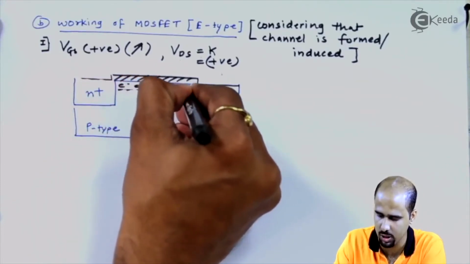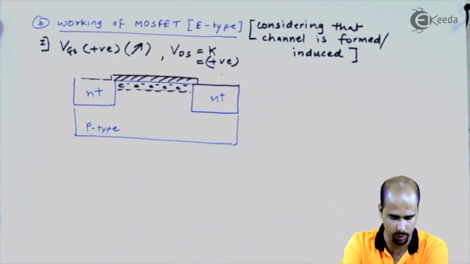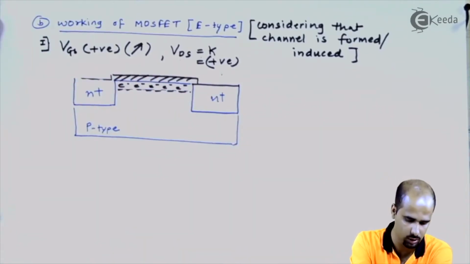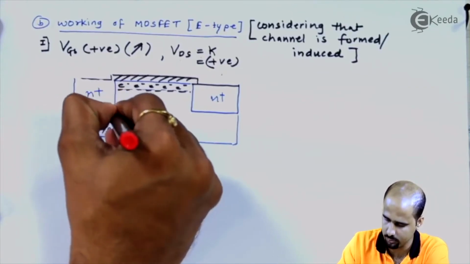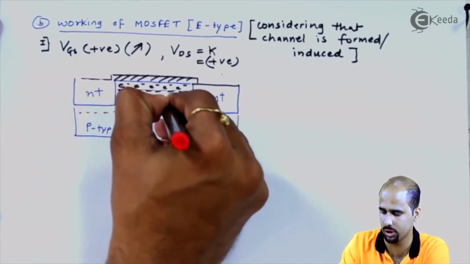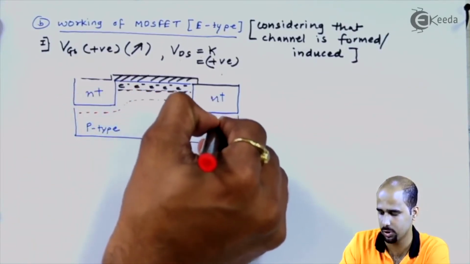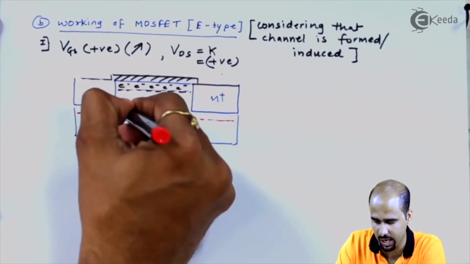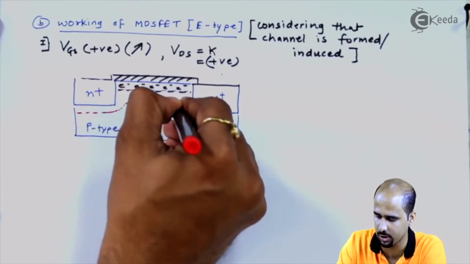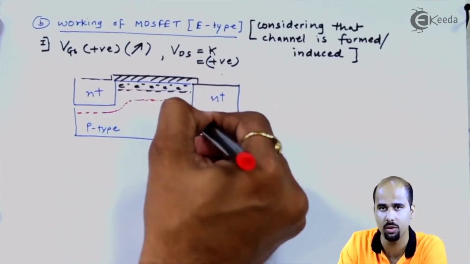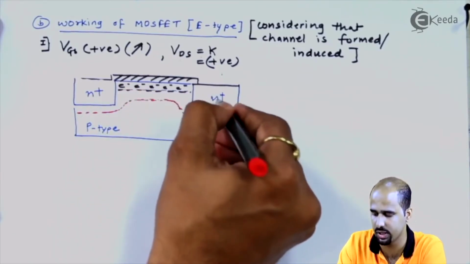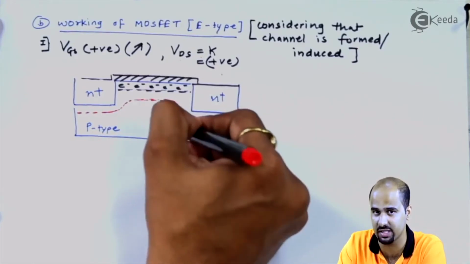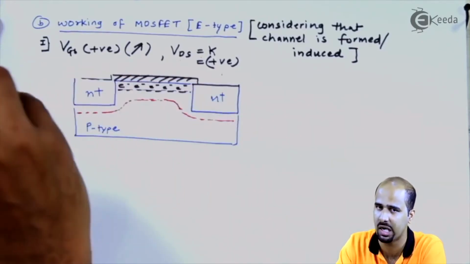That forms a channel. Moreover, we will be getting the depletion region, that is nothing but the ions depleted of carriers. That means it forms a PN junction towards the drain, in between drain and substrate, and in between source and substrate.